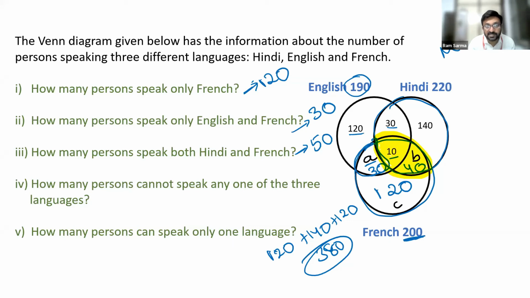Yes, and means intersection. Intersection is the common area, the area included in both the given circles. Or is union. Union is the whole thing. If it's about Hindi or French, you have to consider this.